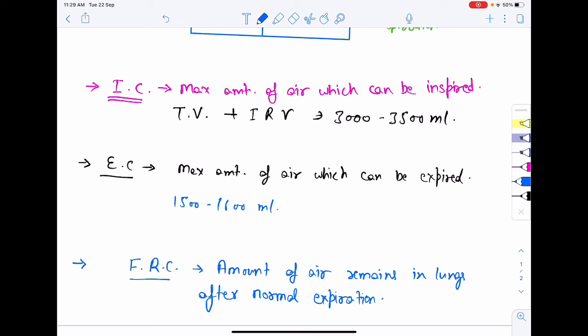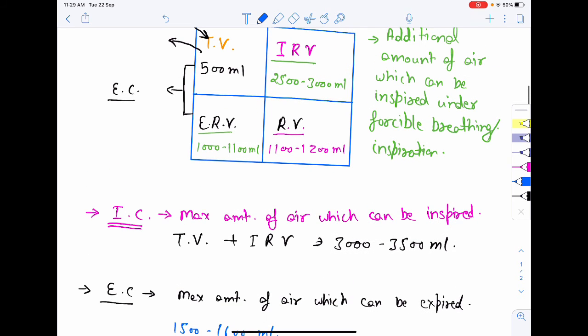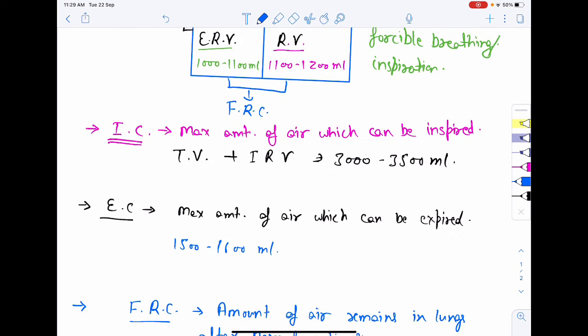That is functional residual capacity. So if you add these remaining last two boxes, it will be your FRC.